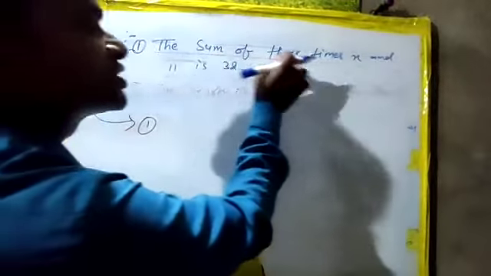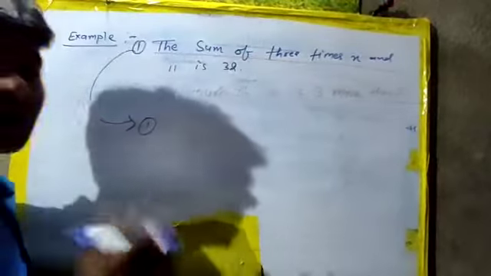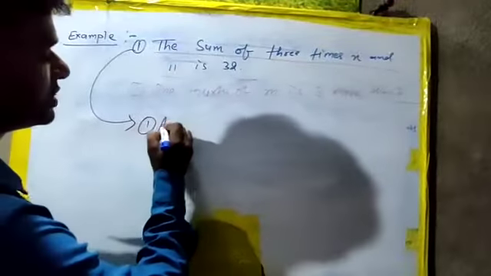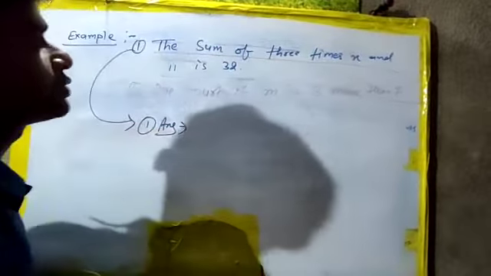This is the information given. By using this information we are going to make an equation. So just read this and make the equation.